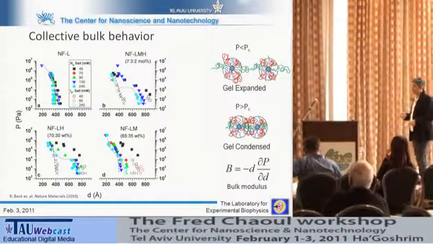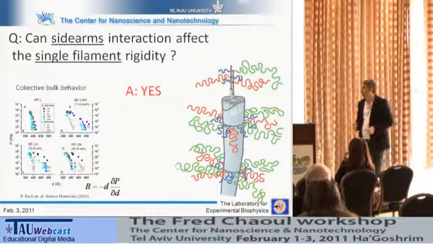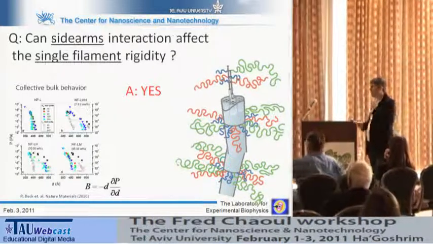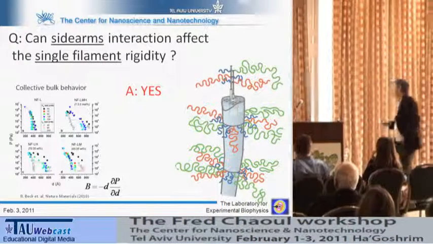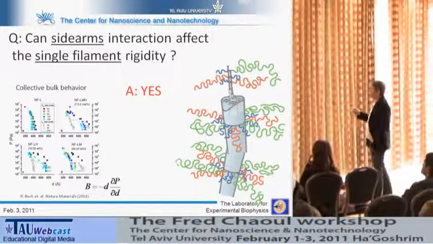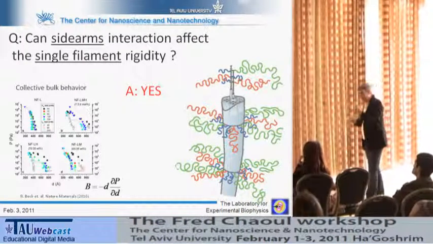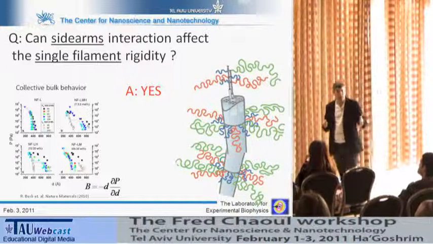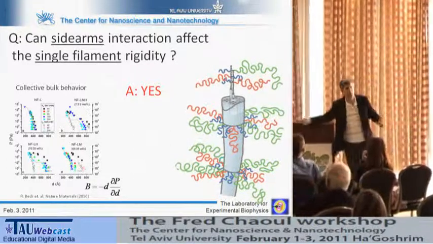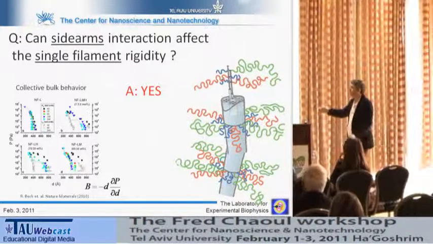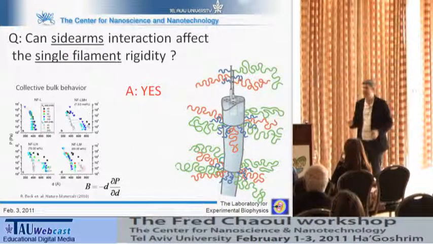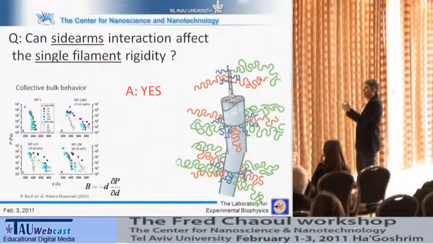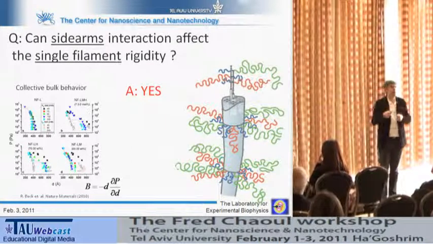Now the question that we asked ourselves afterwards, and I'm giving the question and the answer at the same time, is whether on a single filament length scale, again, this is a supramolecule, it can be a few microns in length and about 10 nanometers in diameter, the side arms can interact one with another.